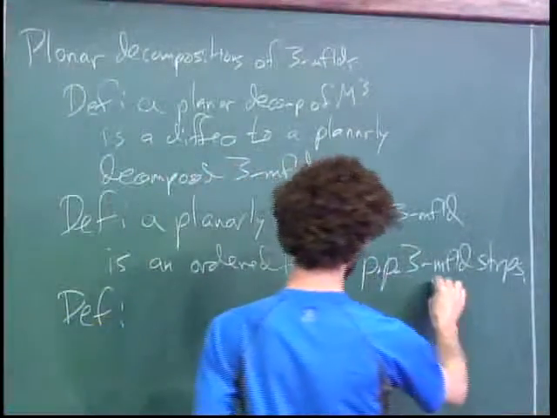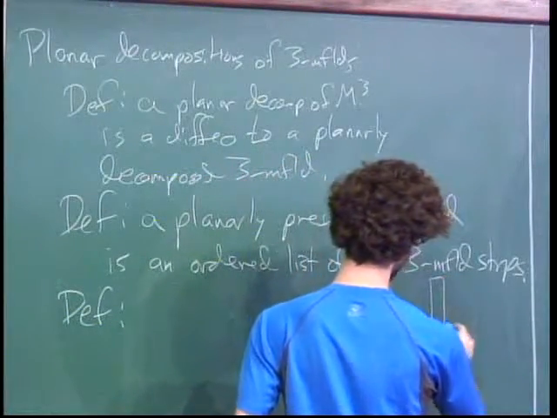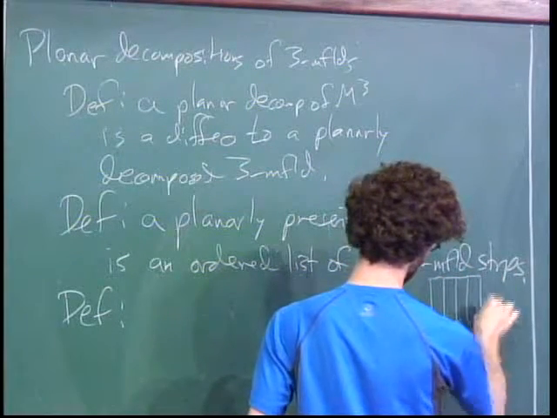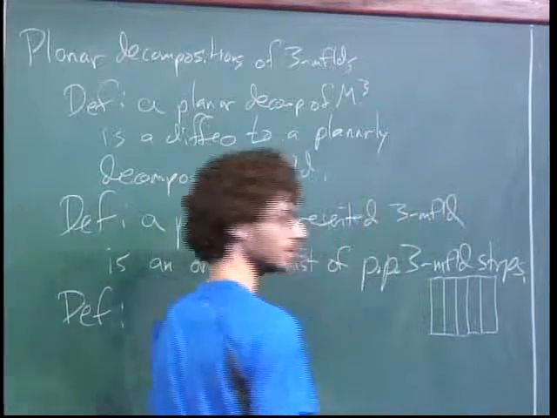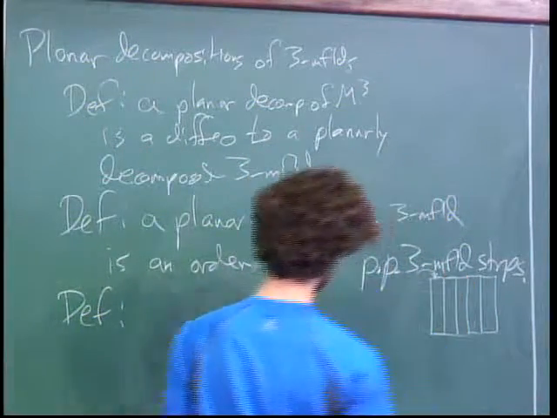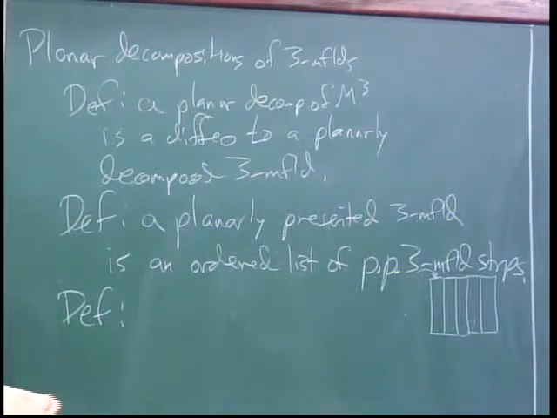So the way you should think about this is that I'm going to give you a particular collection of three-manifolds, and then you're going to get to glue them along in horizontal pieces, and each one of these is some strip three-manifold.